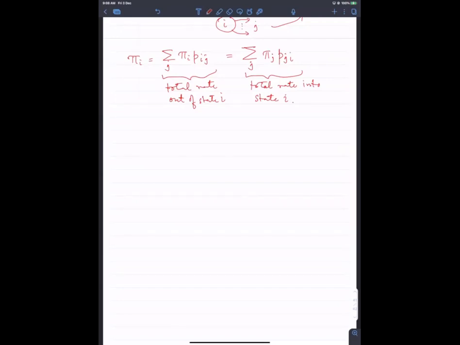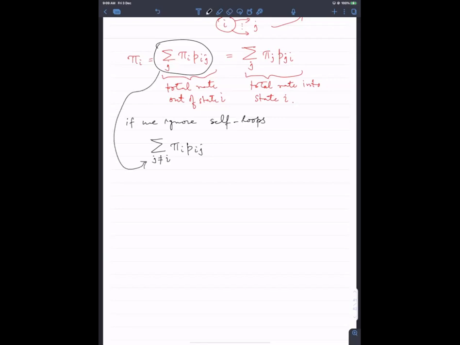Now if we ignore the self loops, the loop going from i to i, then the summation over j not equal to i of pi i p ij is the expression I used here, ignoring the self loop. This was the total rate out of state i.